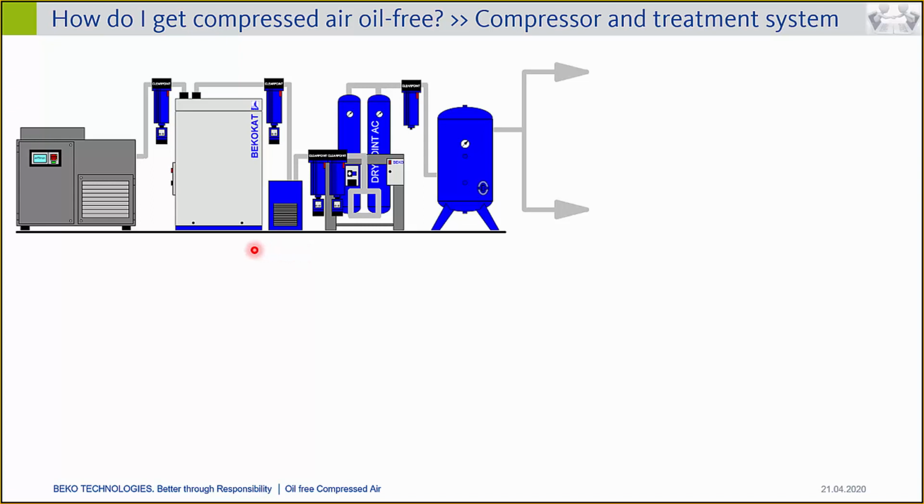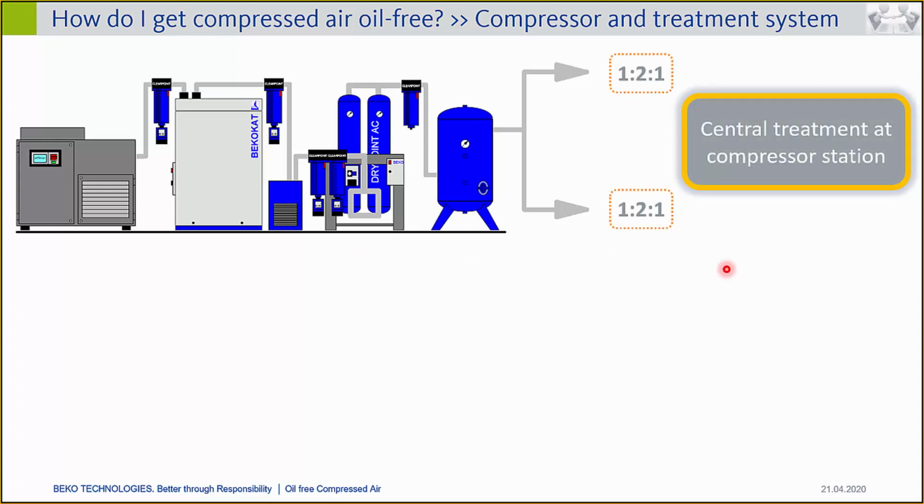When there's good ventilation and an average low temperature in the ambient, you may not need this additional cooler. But if you are in an area where the outdoor temperature is regularly on a higher level, that probably helps to lower the size of the desiccant dryer, because probably the additional cooler is cheaper than the bigger size of desiccant dryer.